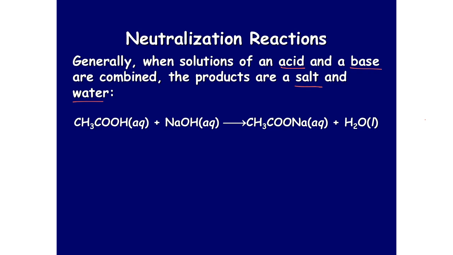But all we need to know about now is a neutralization reaction is an acid plus a base makes an ionic salt and water. So here we have acetic acid plus sodium hydroxide makes sodium acetate and water.